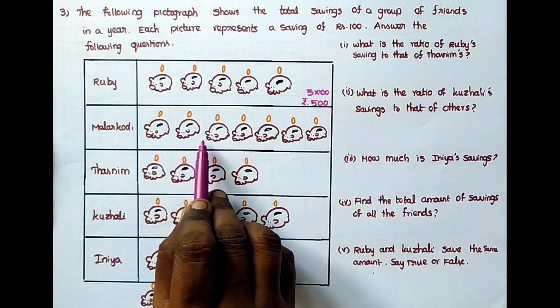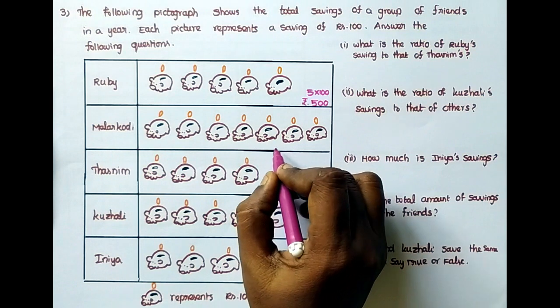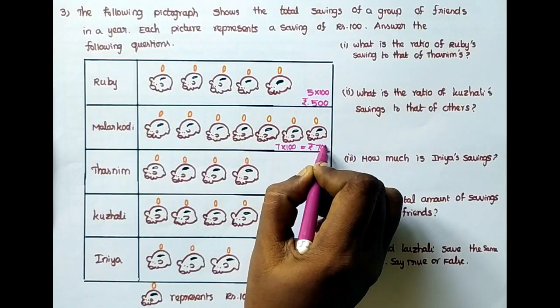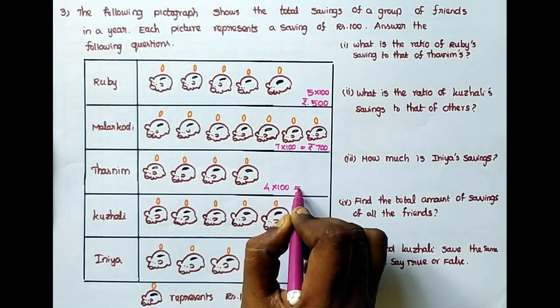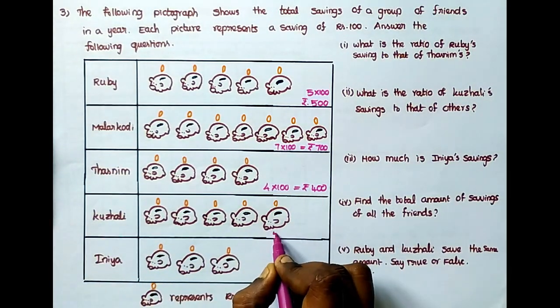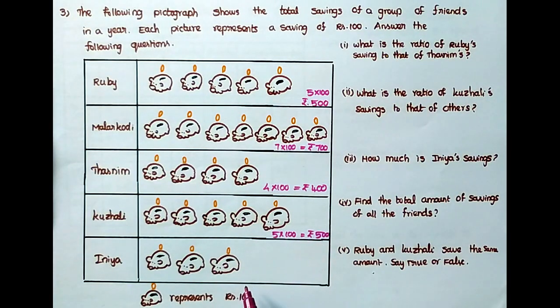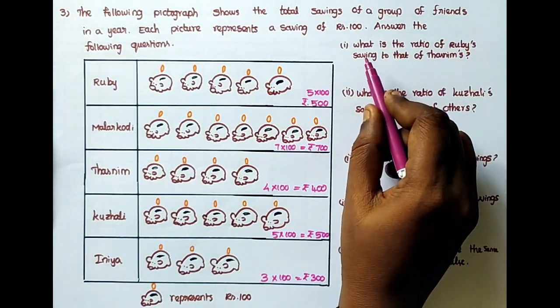Next one, 7 for Malakodi, 7 into 100, ₹700. Then Tasneem, 4 into 100, ₹400. Next Kudali, 5 into 100, ₹500. Next Enia, 3 into 100, ₹300. Now answer the following questions.